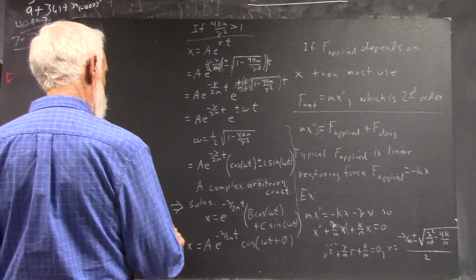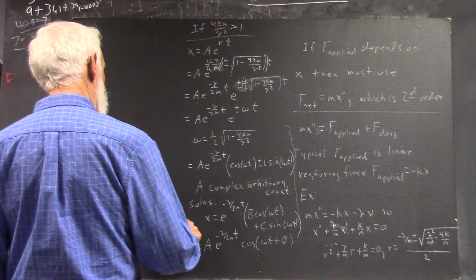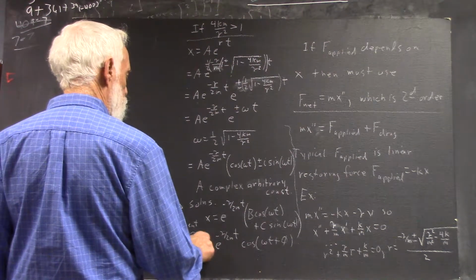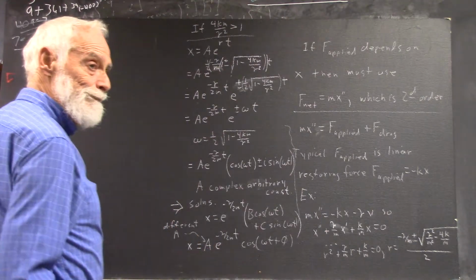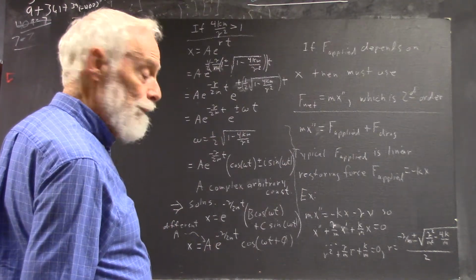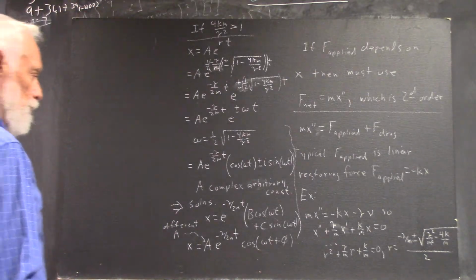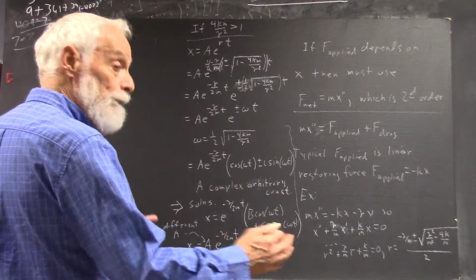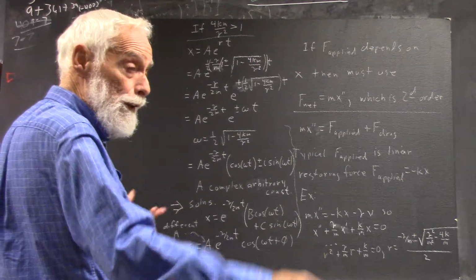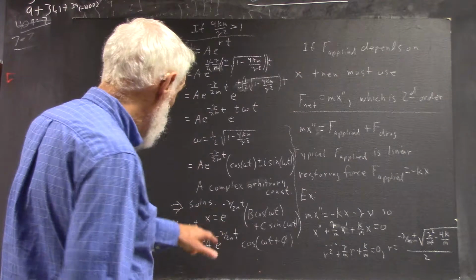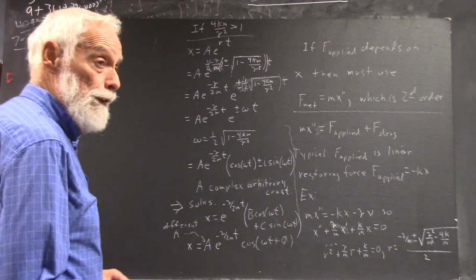And this A here, I want to use the symbol, but it's a different A from this one. Okay? And this is a solution you would generally do. Now, cosine of omega t plus phi is just a horizontally shifted cosine function, so you can have any phase at t equals 0 that you like. Okay? And this is just an exponentially decreasing function.